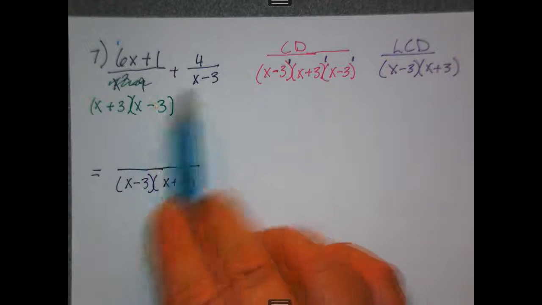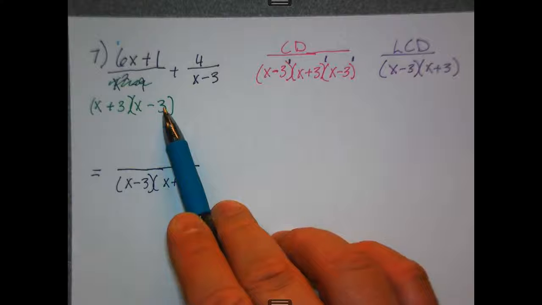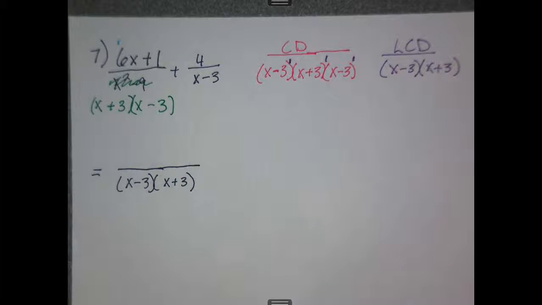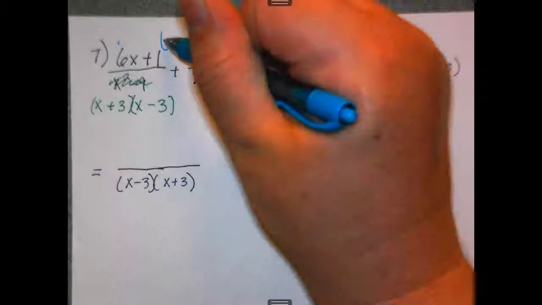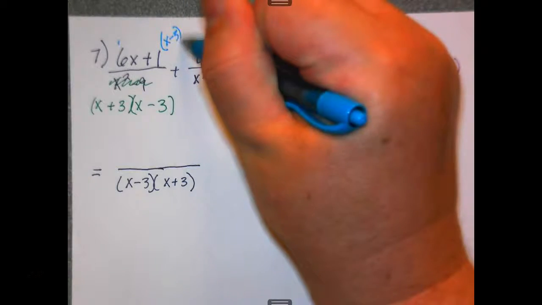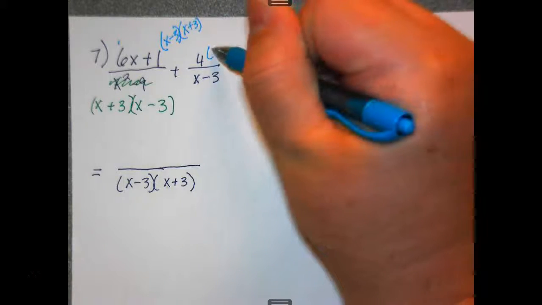But I don't need an (x minus 3) squared. I just need an x minus 3 for each. Okay, I'm going to multiply the numerators by the least common denominator, right?